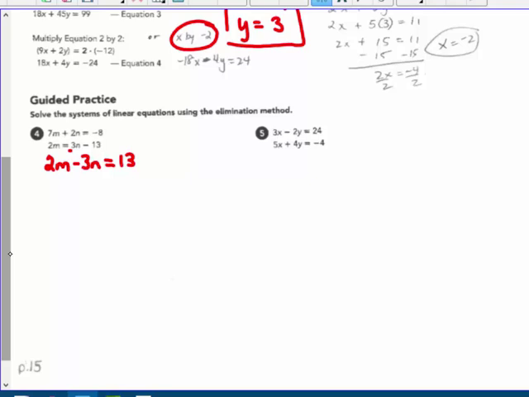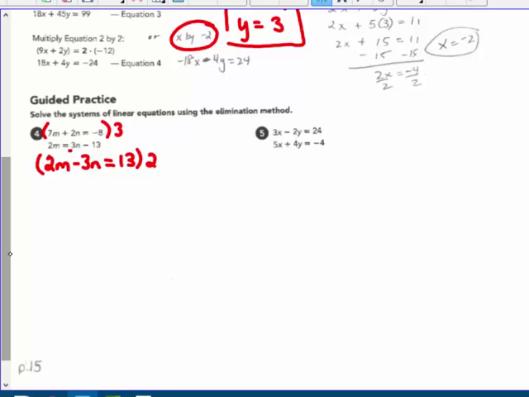So I got a positive 2n and a negative 3n, so I'm going to multiply these to make the coefficients of the n's to be 6's, which means equation 1 here I'm going to multiply by 3, and equation 2 here I'm going to multiply by 2.